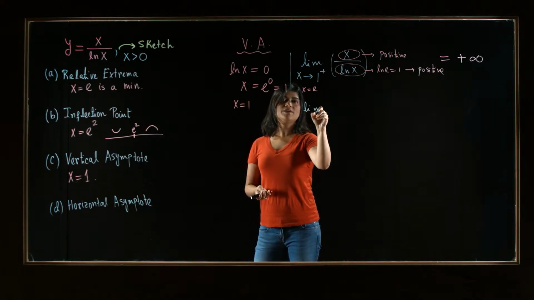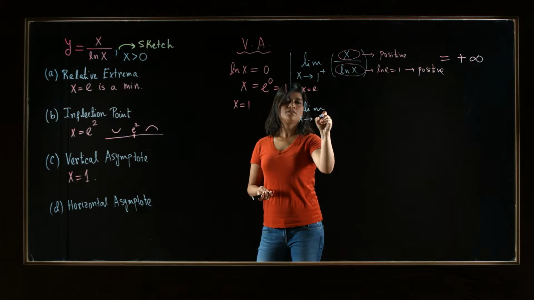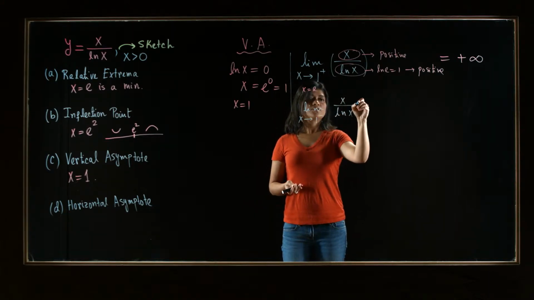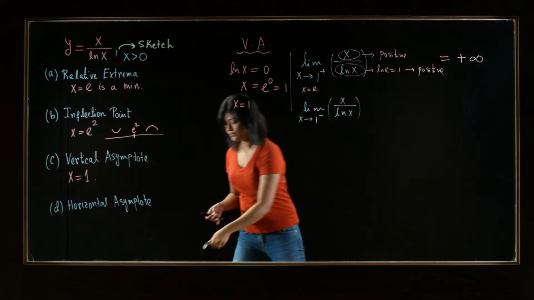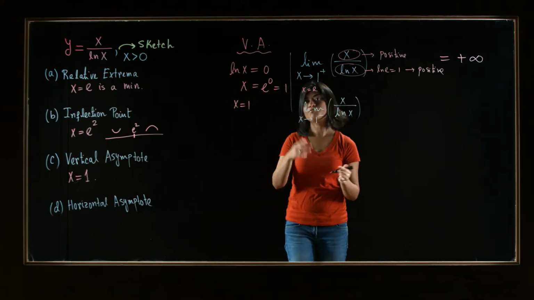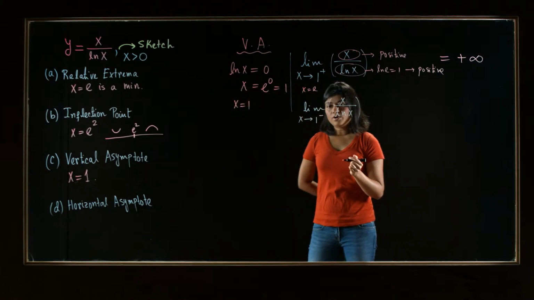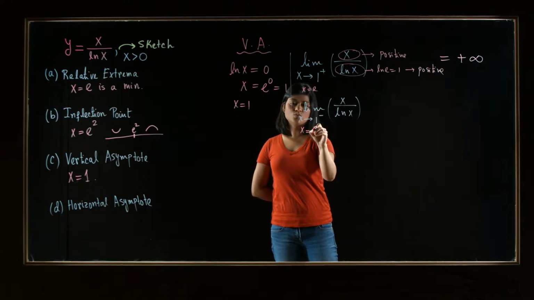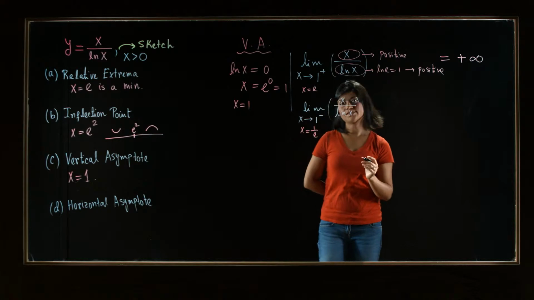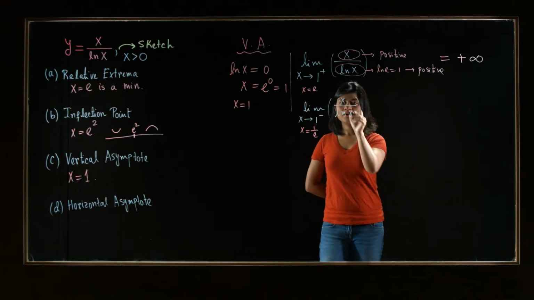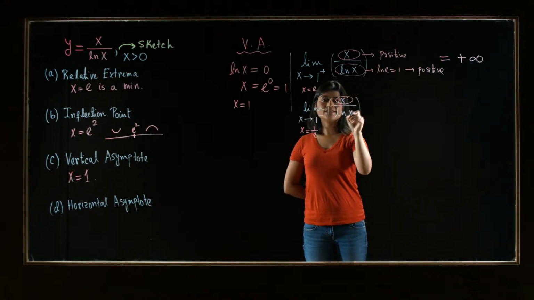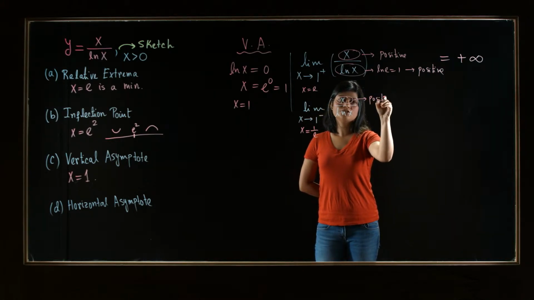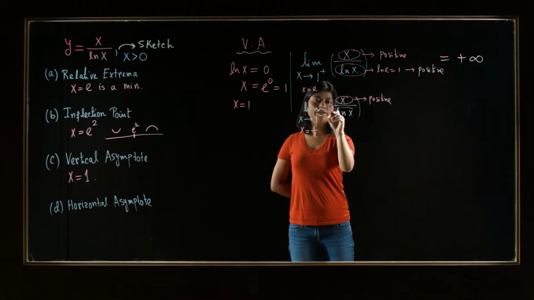Now, what about the left side of 1? So what is the limit as x approaches 1 from the left? Now you can do the same thing again. Pick a point to the left of 1. What point should we pick? Well, let's pick, say, x equals 1 over e. That's a number less than 1. And notice that when you plug that in for x, the numerator is still positive. That won't change. Now what about the denominator?